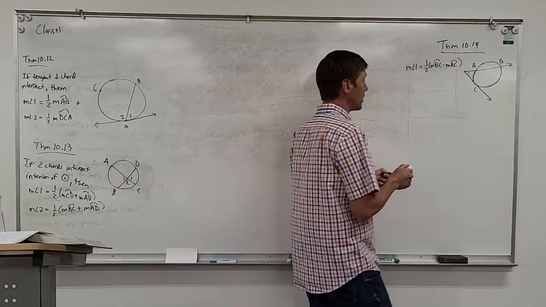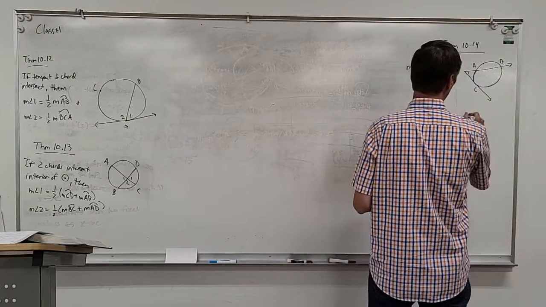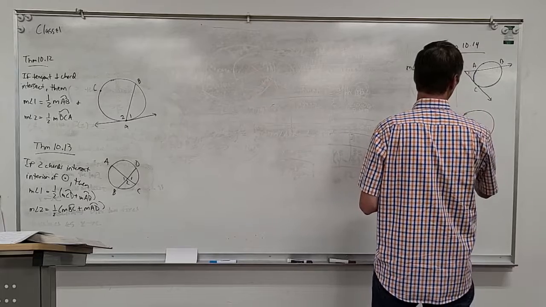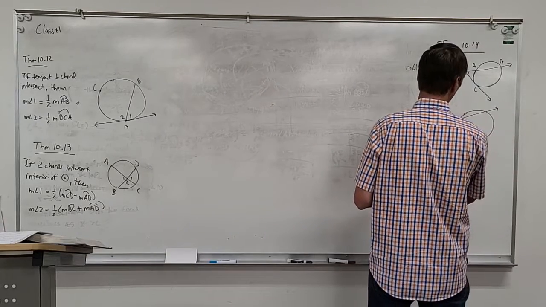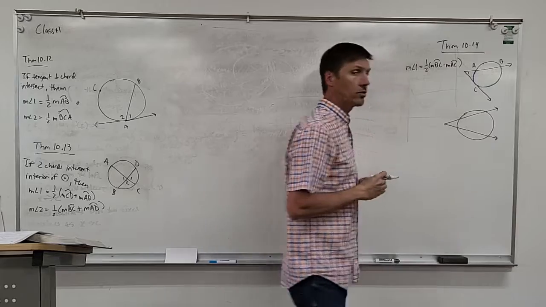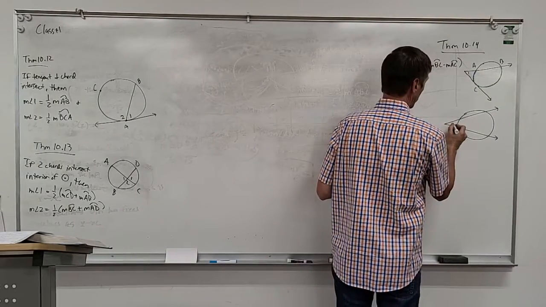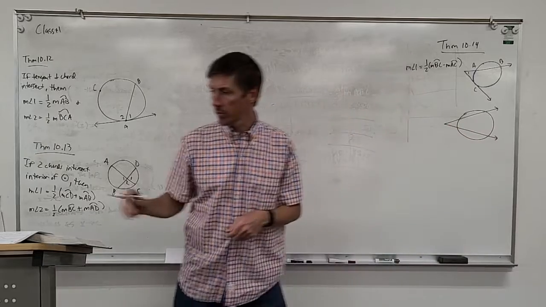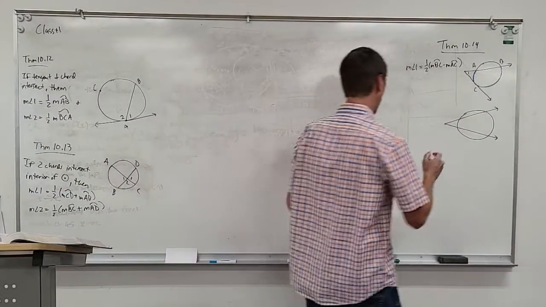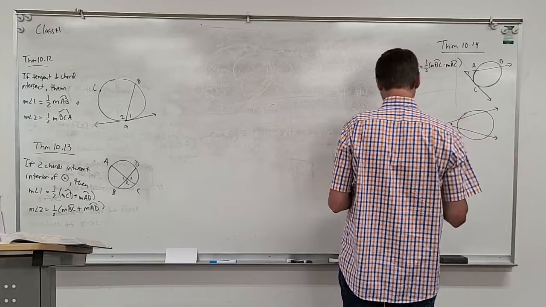Okay? So if I were to draw this figure here, where we have two secants, so both pass through the circle like that. Just so that we don't get confused, I'll give them different numbers. We'll call this angle 2.